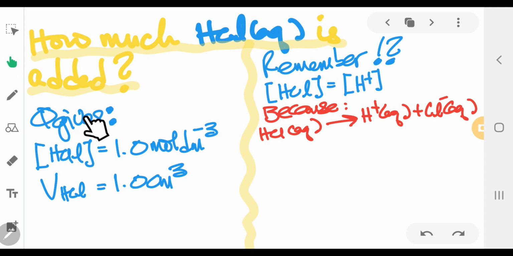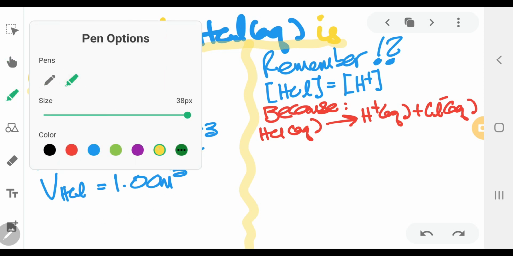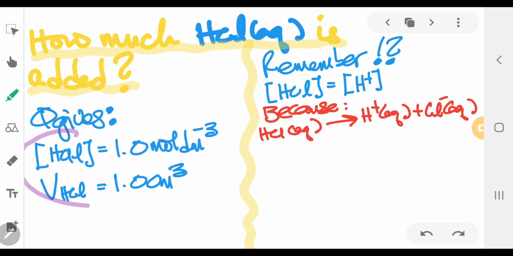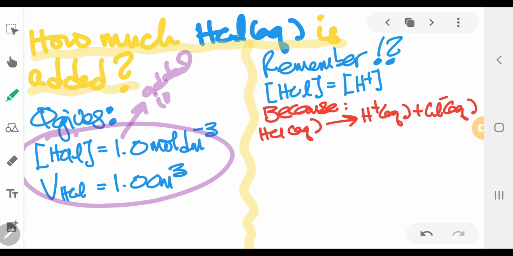The question gives the concentration of HCl 1.0 mole per decimeter cubic and the volume of hydrochloric acid added into your buffer 1.0 centimeter cubic. Bear in mind that all of this is added into the buffer.